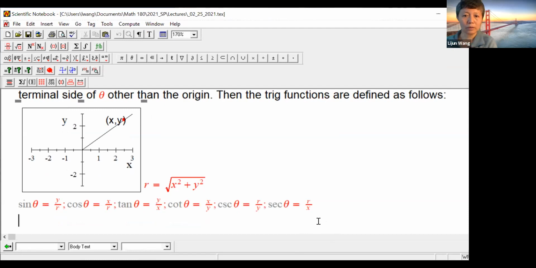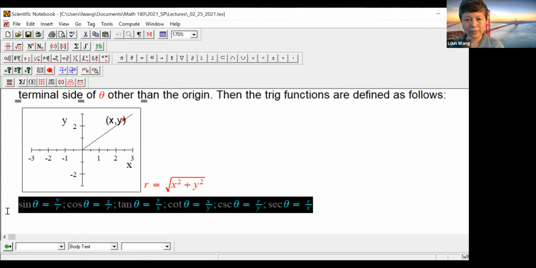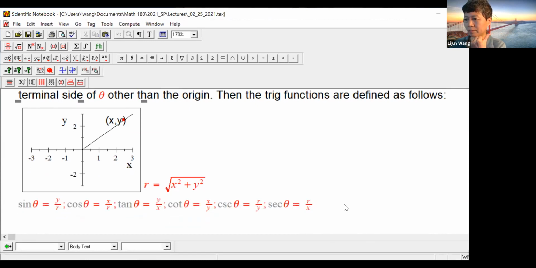This is the definition. But what does this definition tell us? It tells us that we have 6 functions here, and each one of them is a rule. And what kind of rule is this? Now we go back to our function perspective.